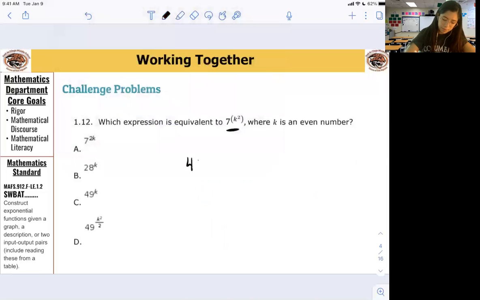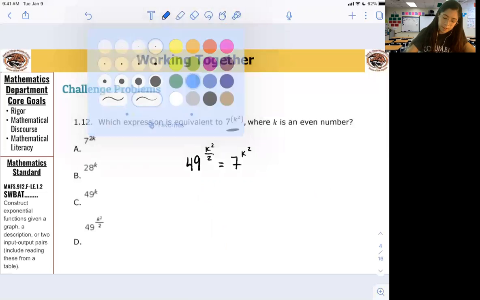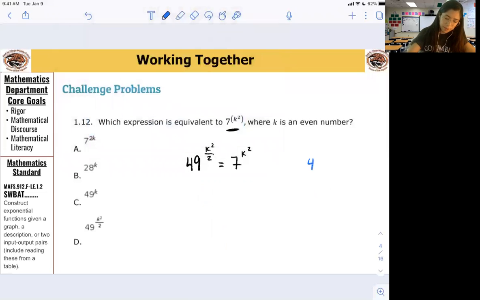Okay, 49 to the power of k squared over 2. We already said that 7 squared gives me 49. So I'm going to rewrite the 49 as 7 to the power of 2.